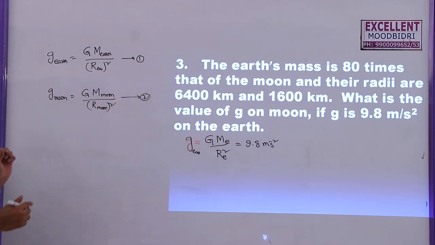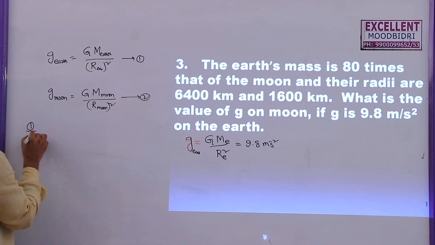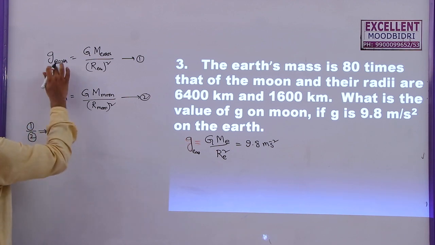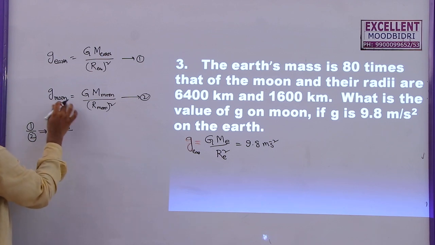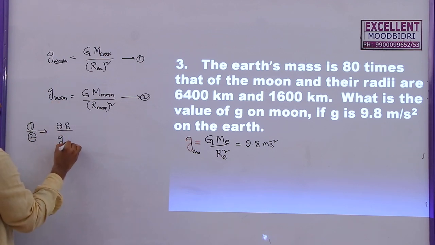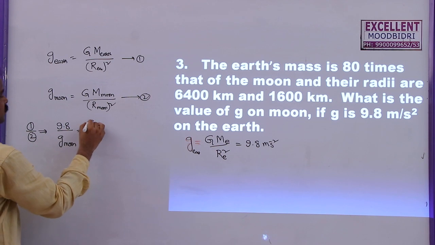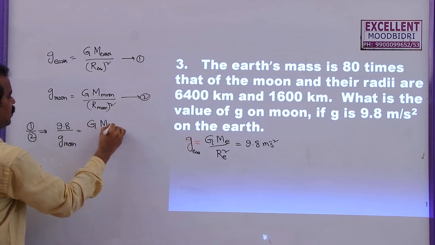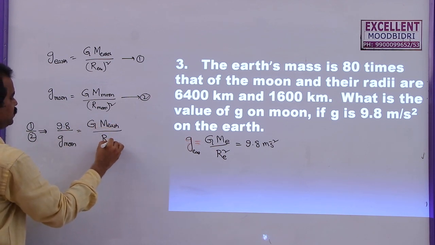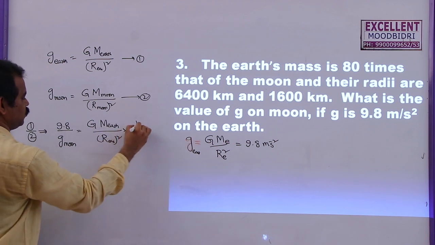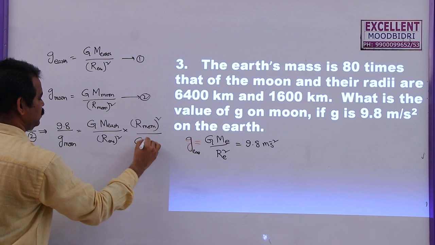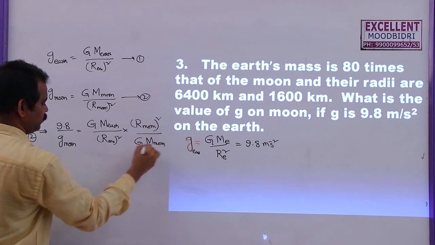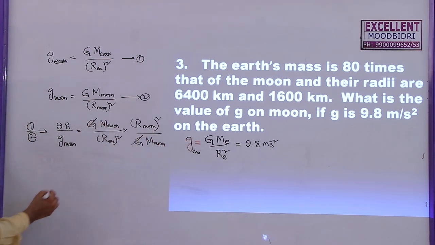Now by dividing 1 with 2, we are going to get g on the surface of earth, 9.8, by g on the moon, which we are finding, given by G mass of earth by radius of earth whole square into radius of moon whole square by G into mass of moon. Capital G gets cancelled.